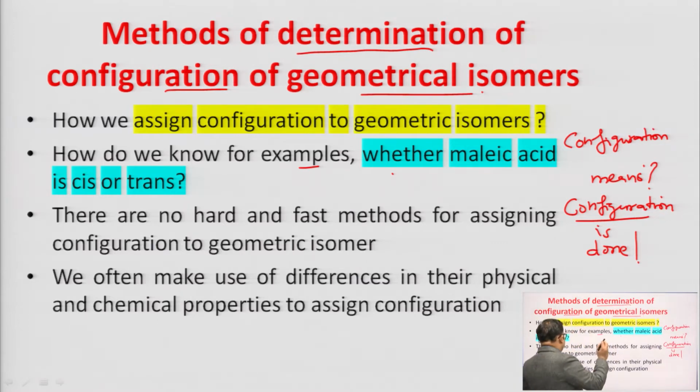So, my dear students, if we see, there are no hard and fast methods for assigning this configuration, but the question is still pending: if there is no hard and fast method, then how do we determine this configuration?